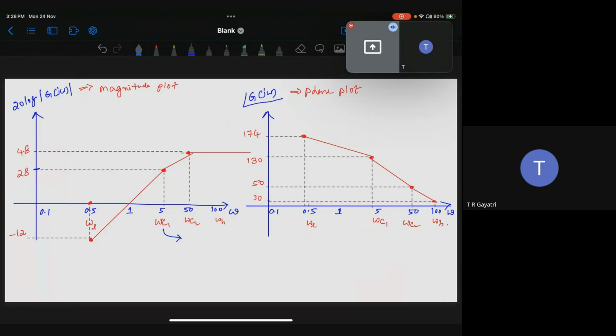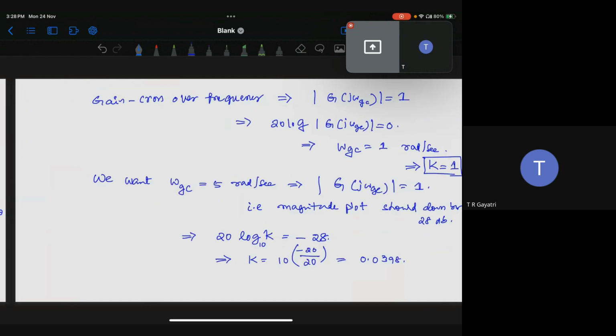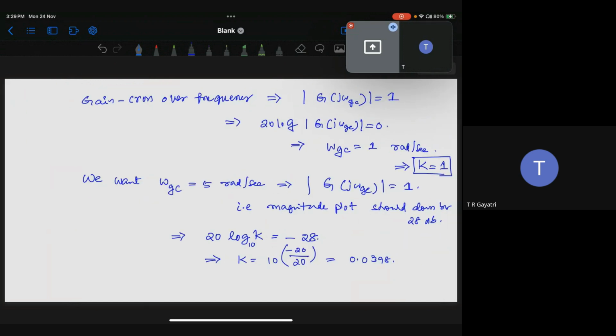So what should I do? I need to move that point 28 down. Then only this point will go to 0. Oh, yes, sir. Yeah, so that's why 20 log k is equal to minus 28. Then we calculate the k.